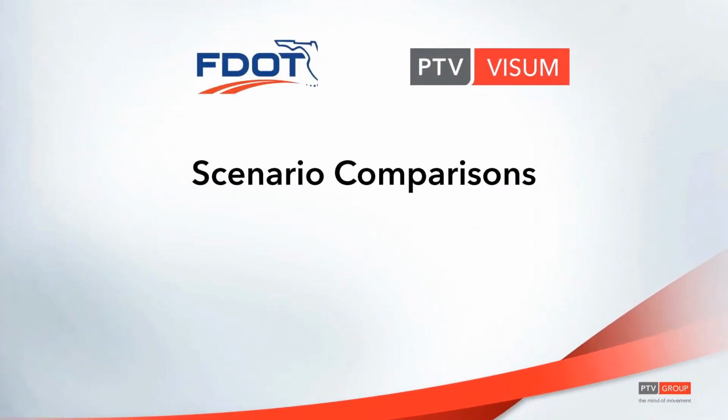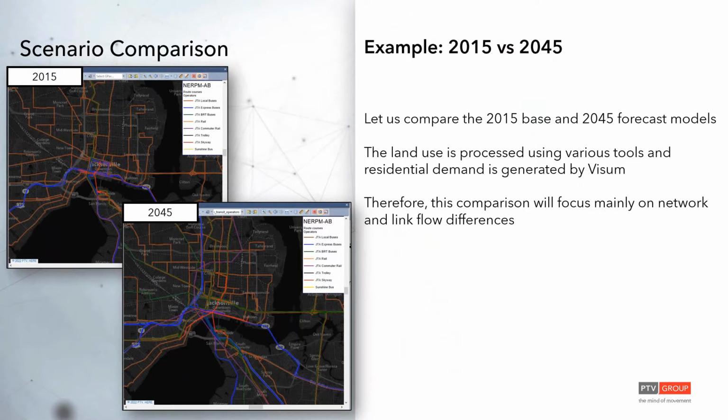See, so there is a scenario comparison, and I'm not gonna go into a lot of detail doing scenario comparisons because we did cover this in quite some detail in our previous trainings, both D1 and D7.